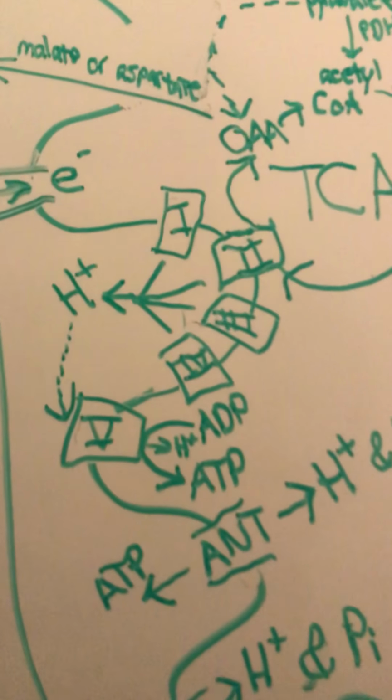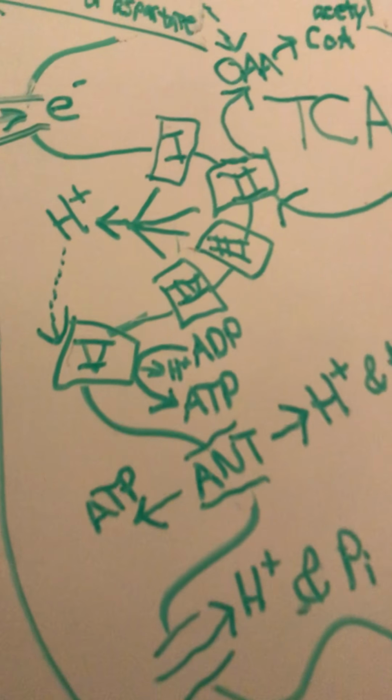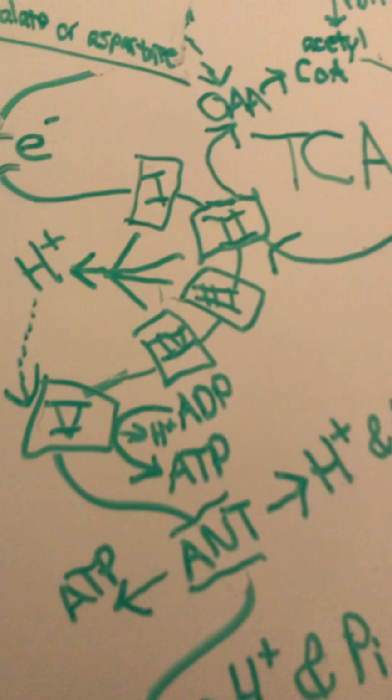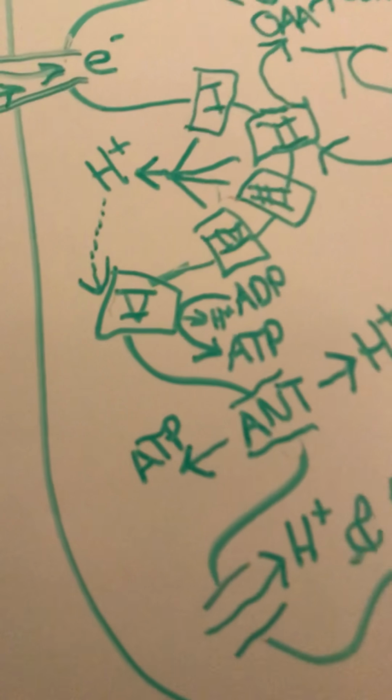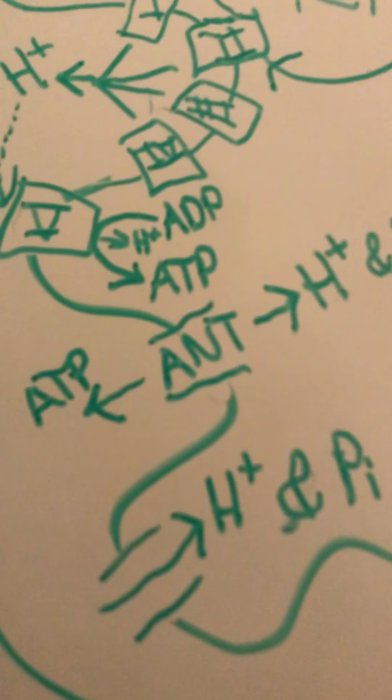We have many different methods of transporting hydrogen ions in the electron transport chain. I talked about these different pumps and how they pump hydrogens into the intermembrane space. But hydrogens can also be pumped out by this ATP synthase, this ANT, and this hydrogen phosphate symporter.